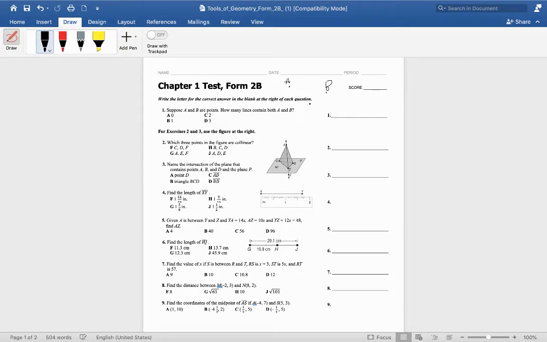You draw all the lines in the world that you would like, an infinite amount of lines. You could draw a line here or a line here, but as long as they're straight lines, there's only one that would ever go through A and B. All right, so our answer for this one would be B.